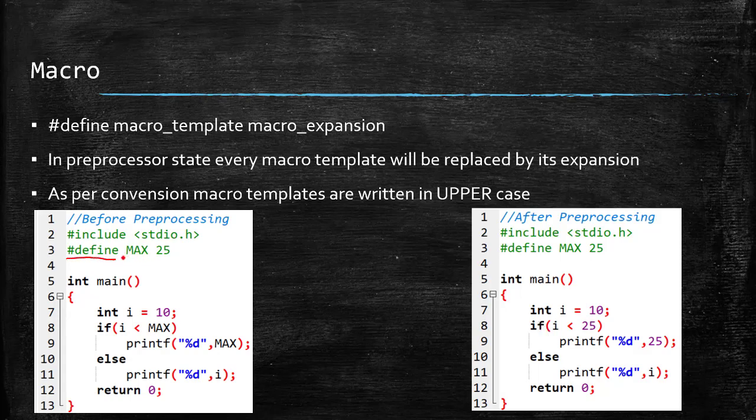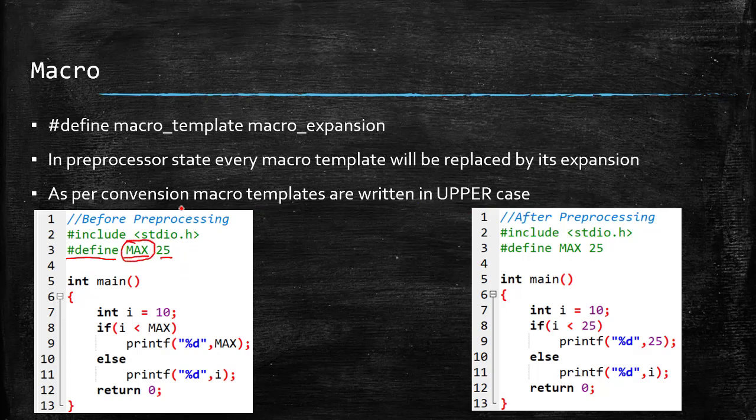Now this MAX is the macro template and this 25 is called the macro expansion. In the pre-processing stage, every macro template will be replaced by its expansion. And as per the convention, the macro template will be written in uppercase. So we have written that macro template in uppercase, that is MAX.